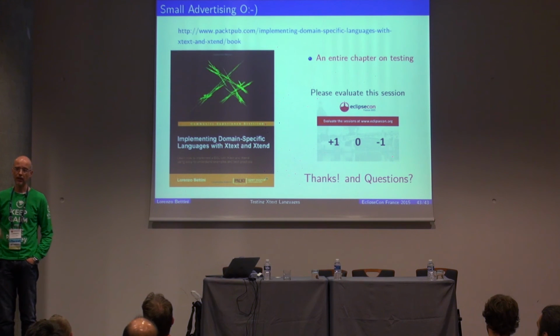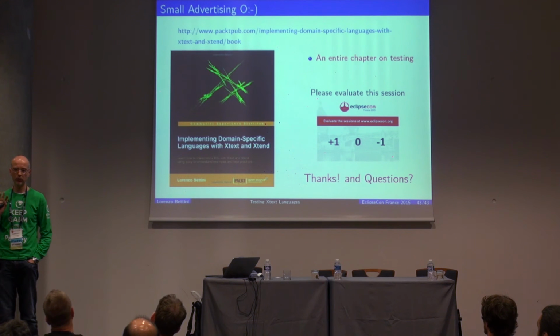To be honest, I think it's really important to have full control of what you generate. So I know that tests become fragile, but I think it's better to be sure that what you generate is really as you expected.